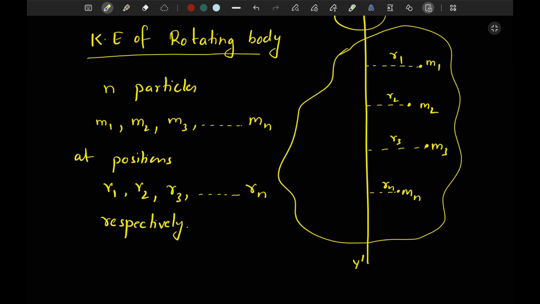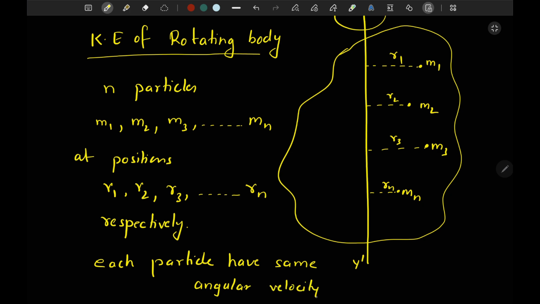For that, we need to consider that as defined earlier, each particle has same angular velocity, say omega.